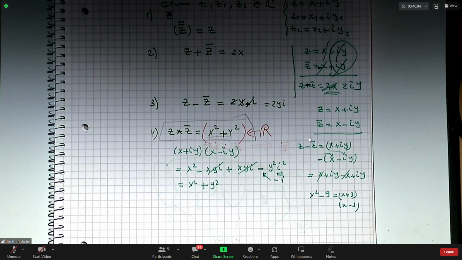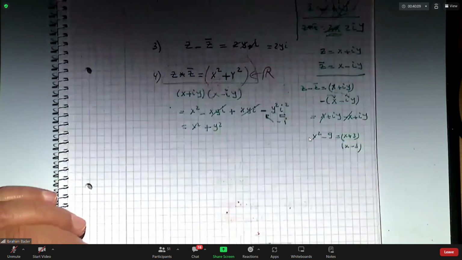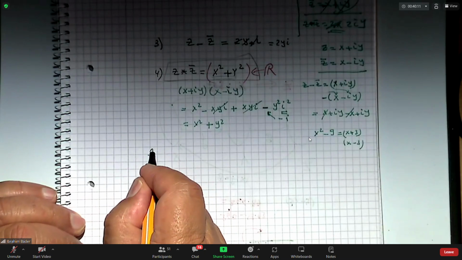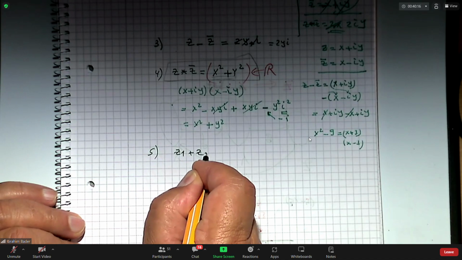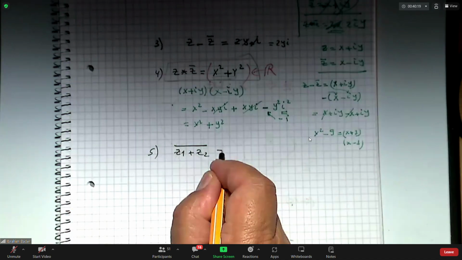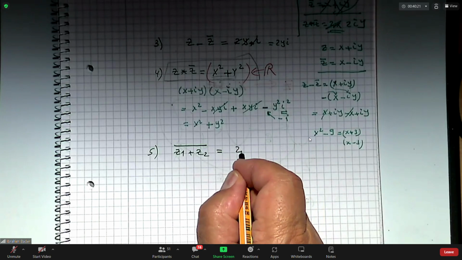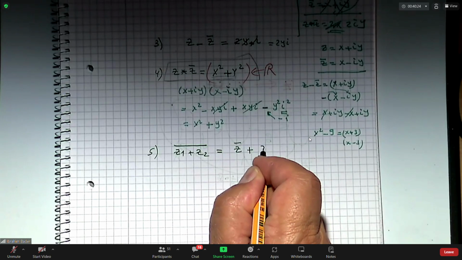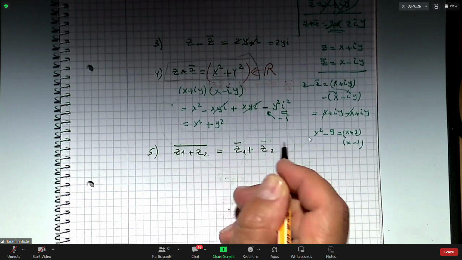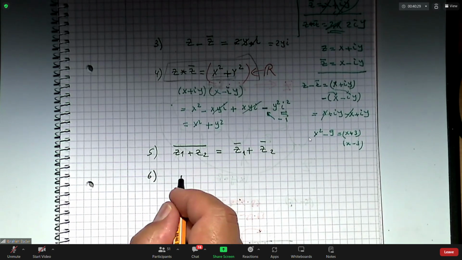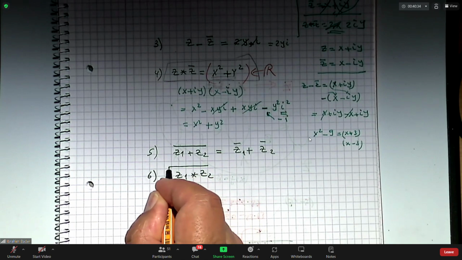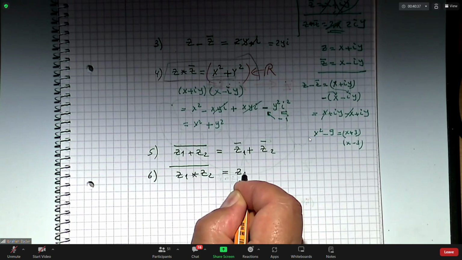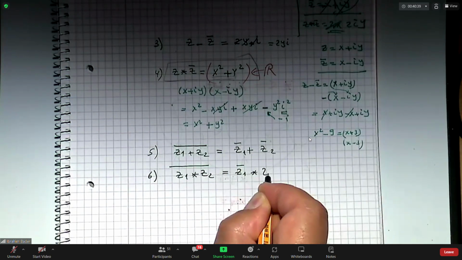Now the other two properties are luckily straightforward. If I have the conjugate of Z1 plus Z2, if I add them up and then take the conjugate of the result, it is just like taking the conjugates and adding them up. And the sixth property is the multiplication, the conjugate of Z1 Z2.